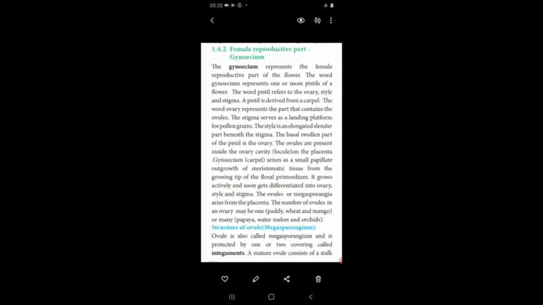Papillae means hair-like outgrowth of meristematic tissue, that is growing tissues, from the growing tip of the floral primordium. Afterwards it is modified into ovary, style and stigma.